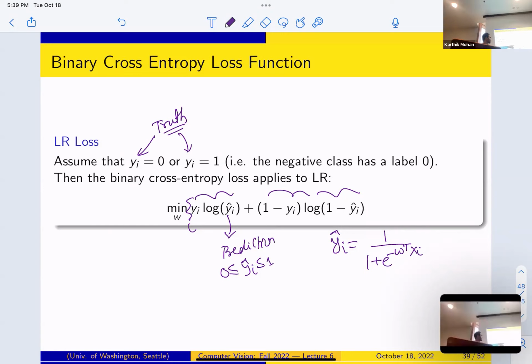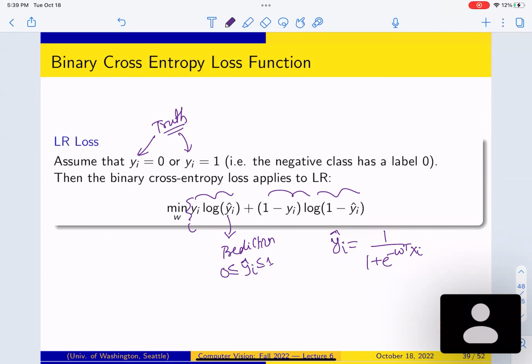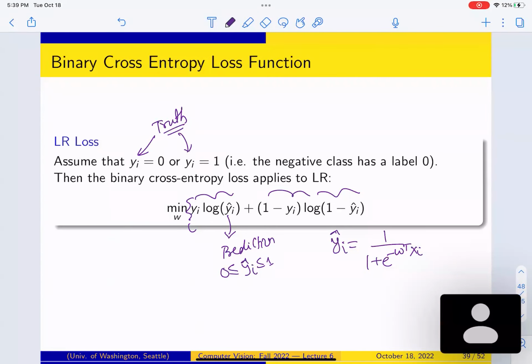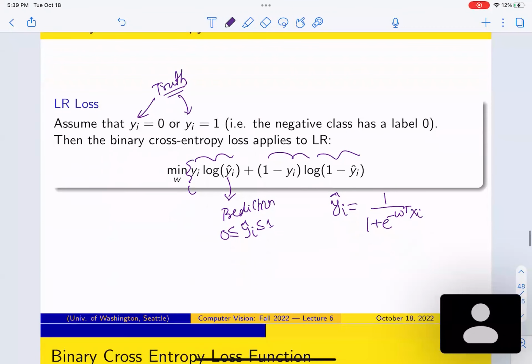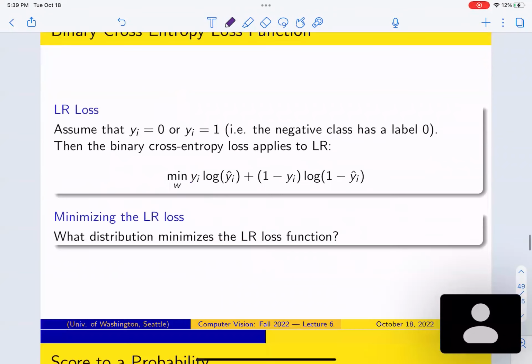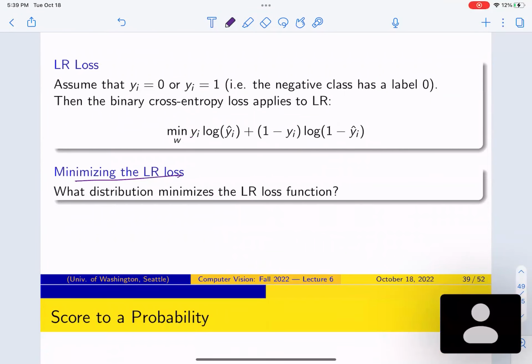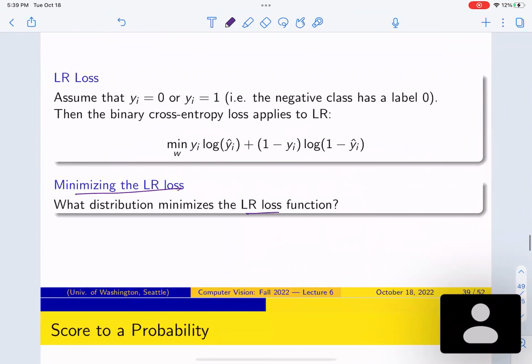You have to minimize it across all your data on average. Pick a W that gives me the least error on binary cross entropy across all the data points. Then I would have identified something that's as close to y as possible for all data points. So minimizing the LR loss.